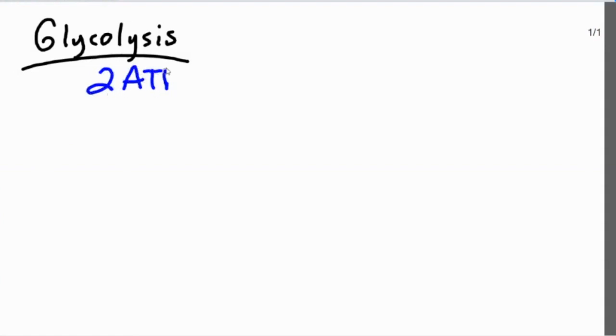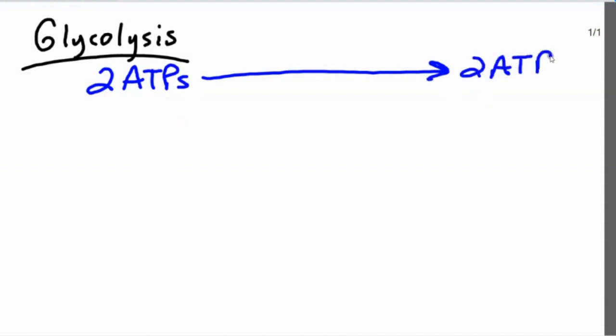Two ATPs. So here's going to be our overall ATPs over here. And here's going to be all our intermediates. Glycolysis happened to make another molecule, a high energy molecule. How many of those did it produce?